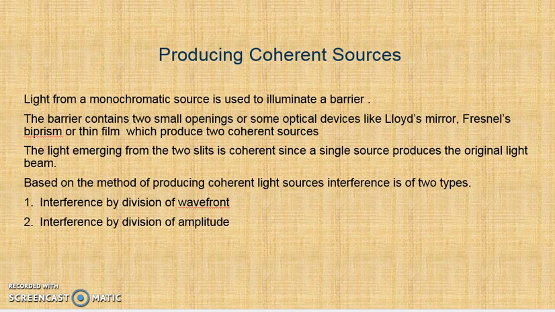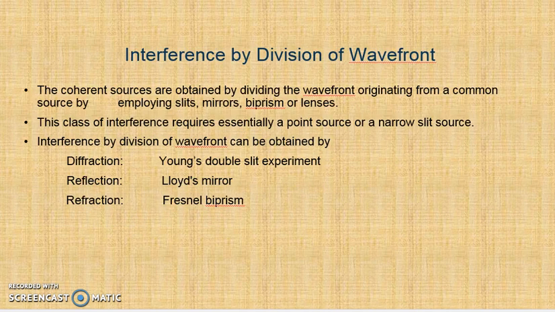Based on the method of producing coherent light sources, interference is of two types. One is interference by division of wavefront and second is interference by division of amplitude. Interference by division of wavefront is obtained by employing slits, mirrors or biprism or lenses.